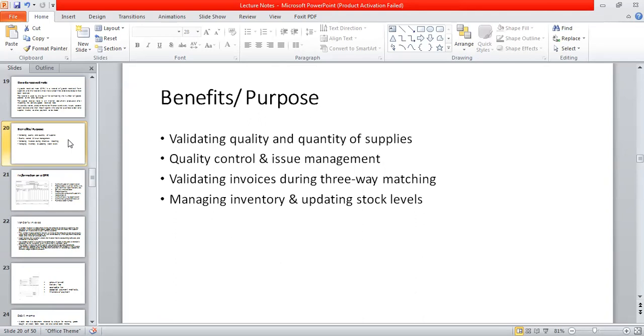It is also used for managing inventory and also for the actual updating of the goods into the stock record of the company.